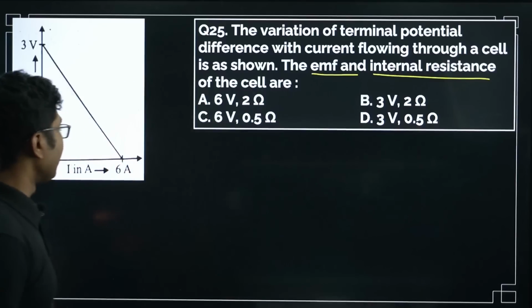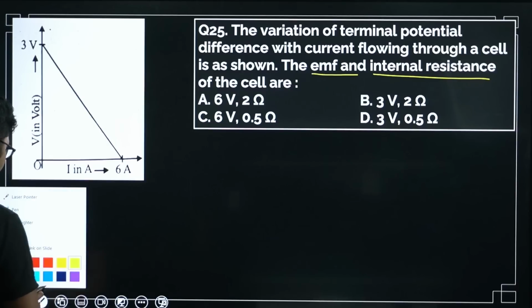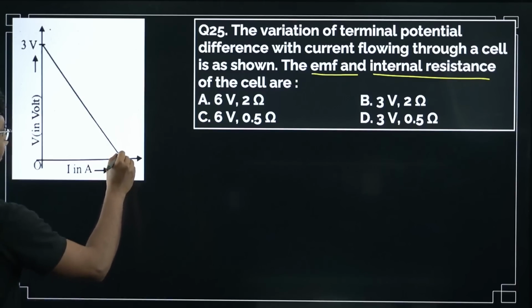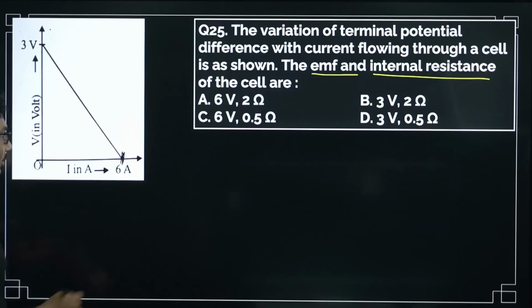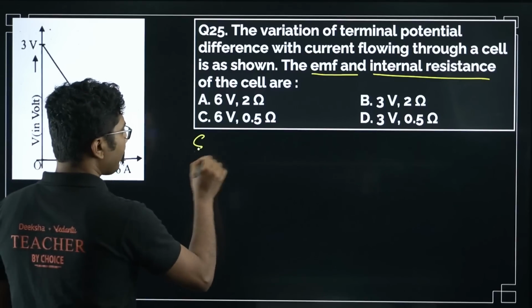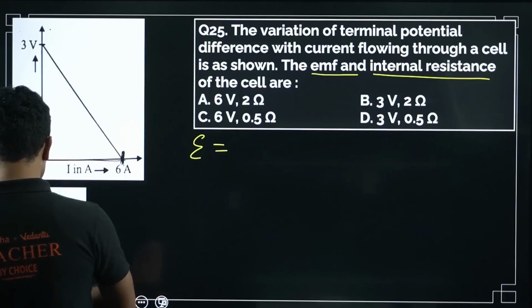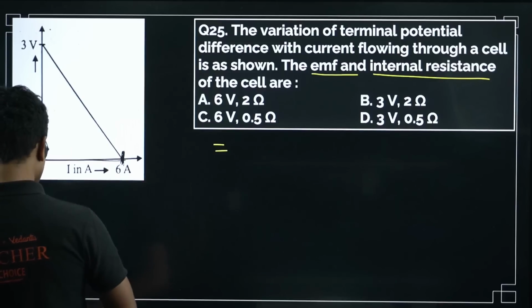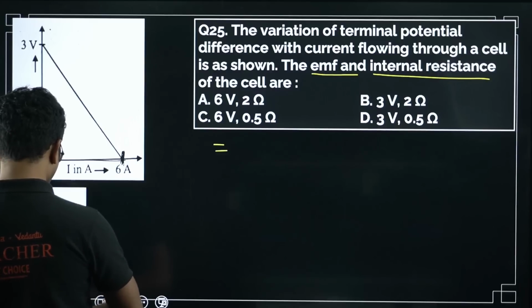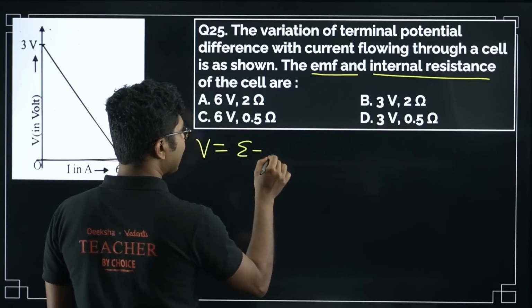First of all, if you can make the current in the circuit zero, then whatever is the potential will give you the actual EMF. Why so? Because we know that terminal voltage V equals epsilon minus Ir.